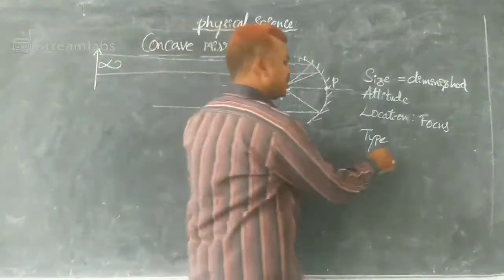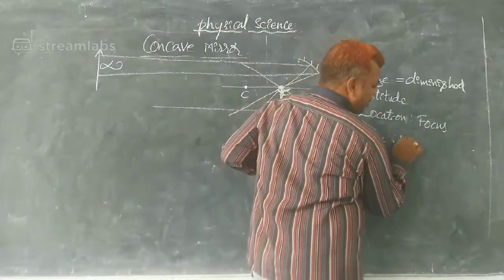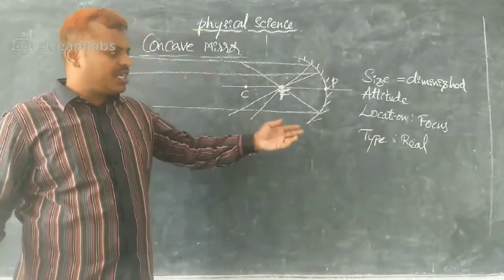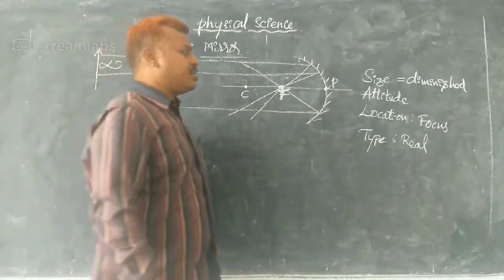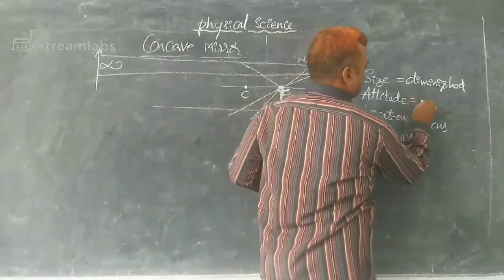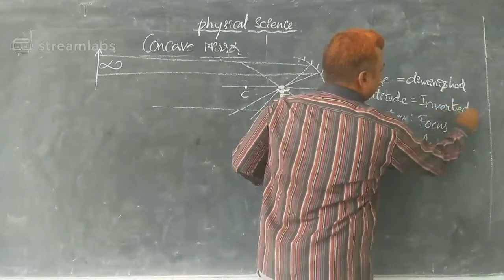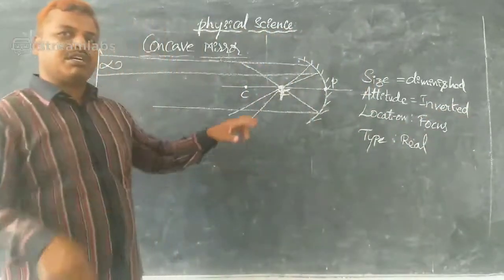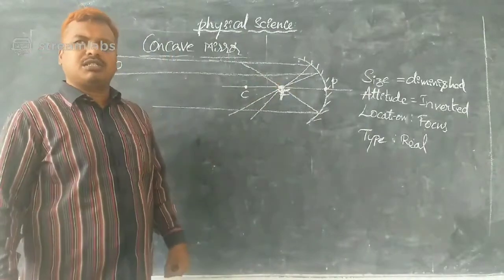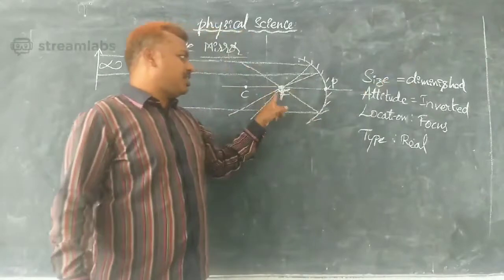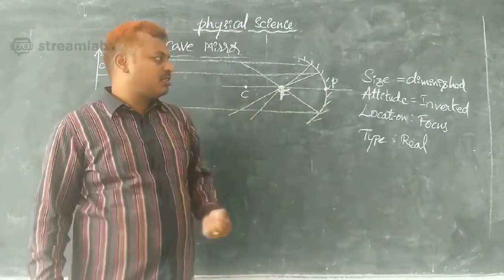What type of image is it? It is a real image. Because it is an inverted image, it is a real image. And attitude, it is an inverted image. Size of the image is diminished, the image is small.